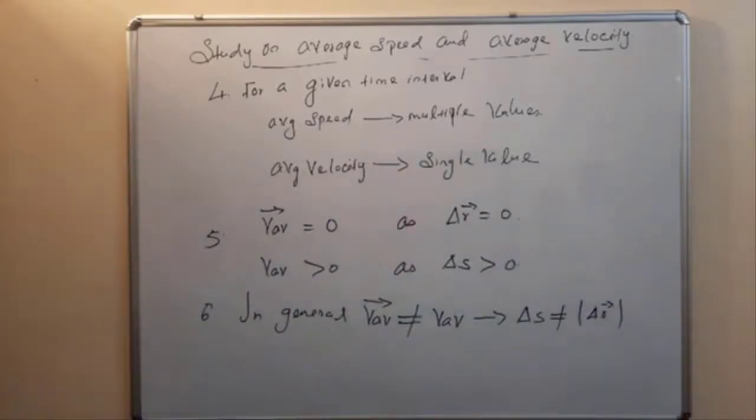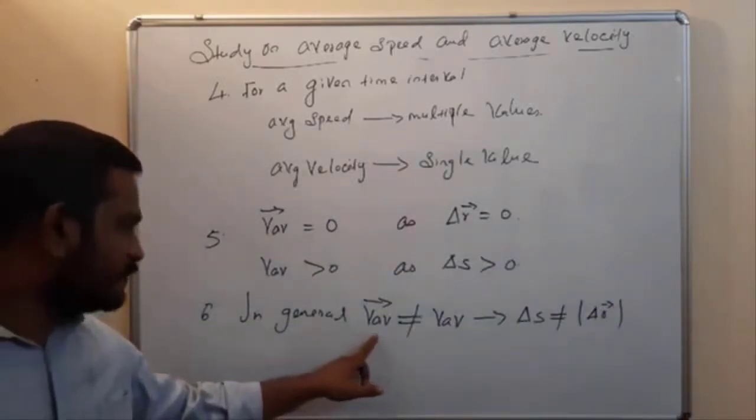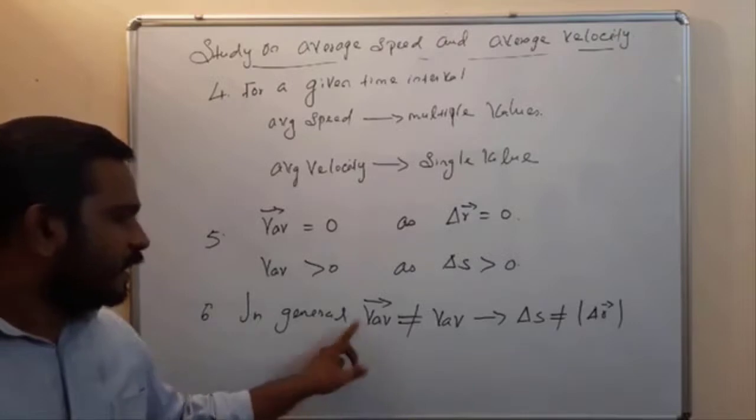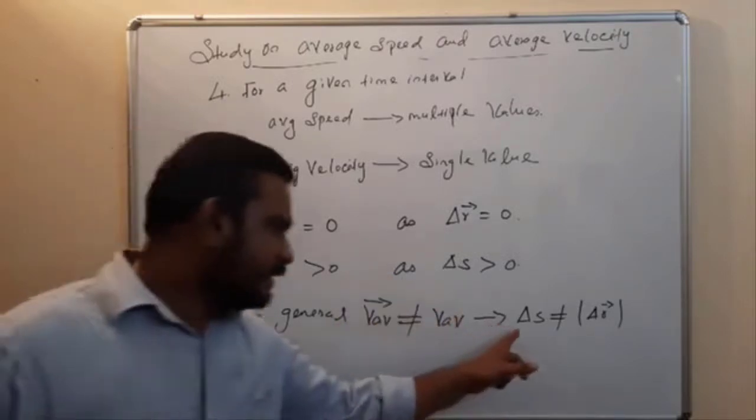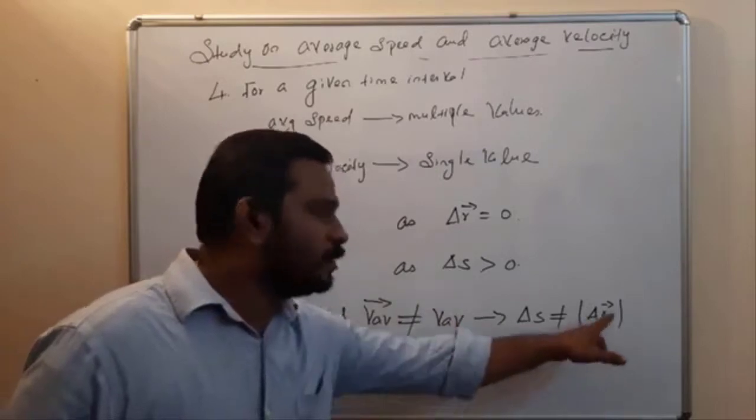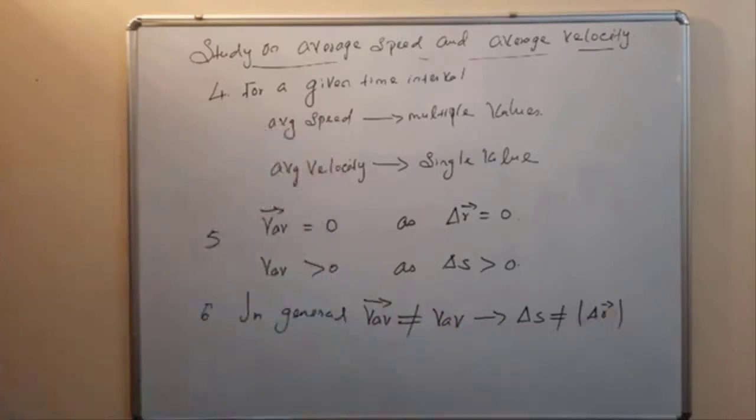Okay, in general, average velocity is not equal to average speed, because the distance is not equal to the displacement. Okay, distance not equal to the displacement.